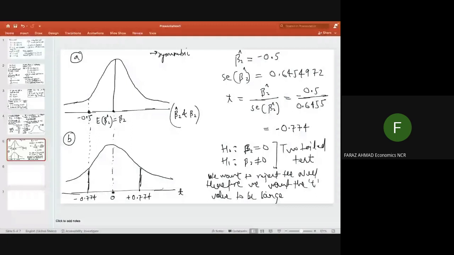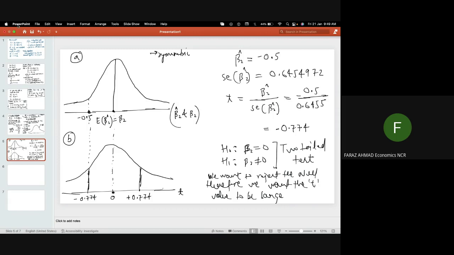In the tails, we want our t value to be more and more into the tails. Now, there is something with the area here.